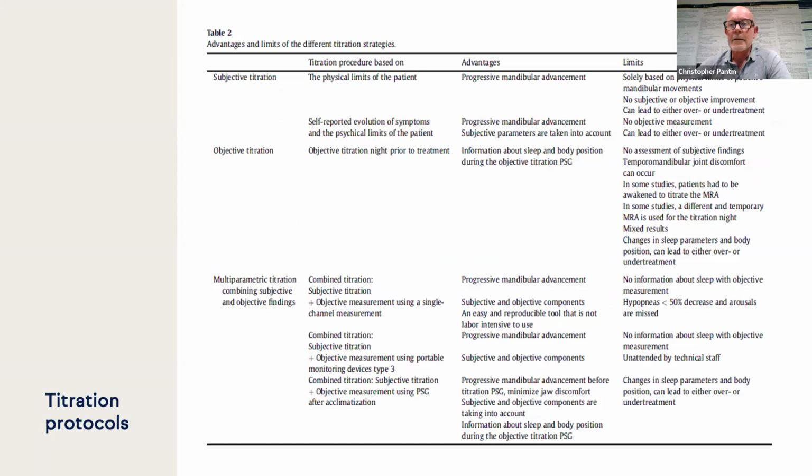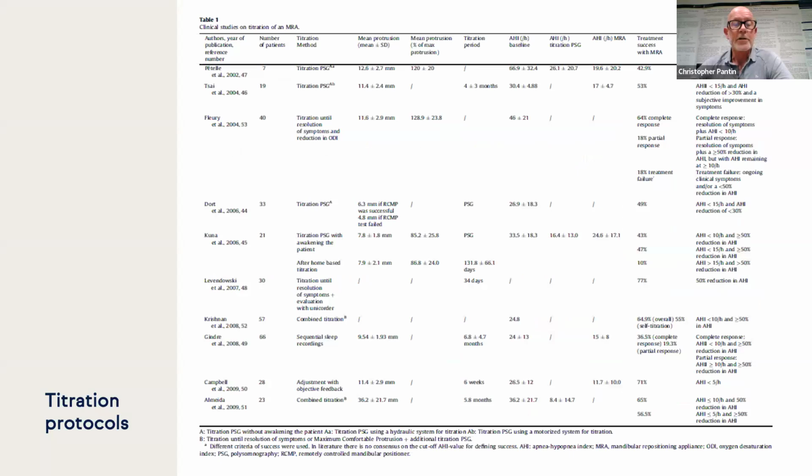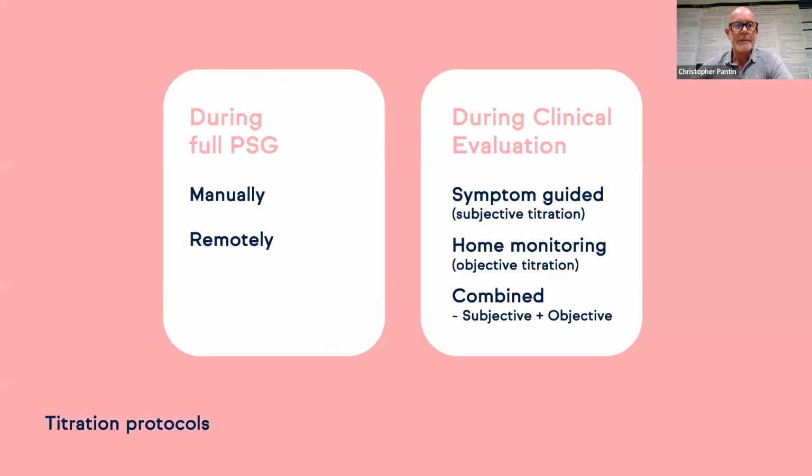So this is the breakdown of all the options using subjective and objective and multiparametric titration. It's quite wordy, so I'm not going to sit here and read that to you. Here's the studies which have been done, which fall into one or more of those categories, and again, worth reading, but it is pretty heavy going.